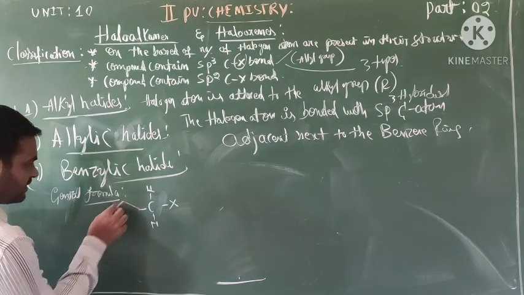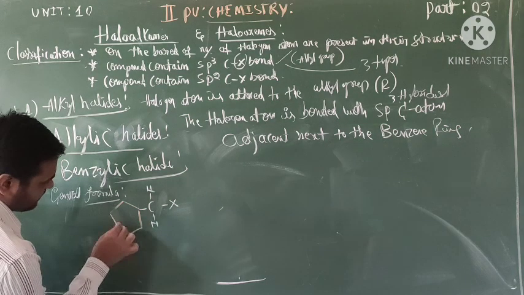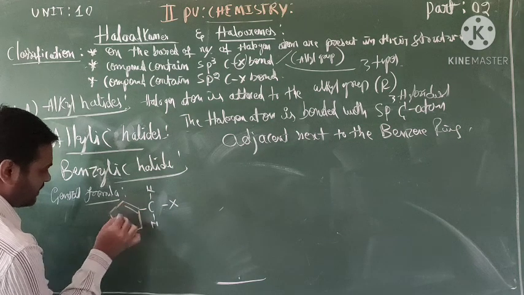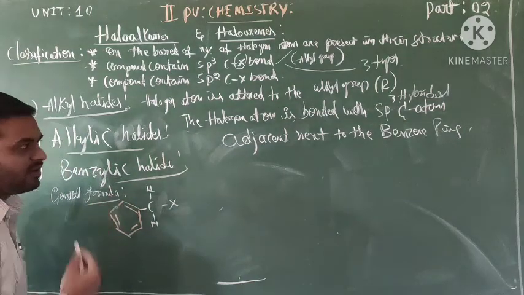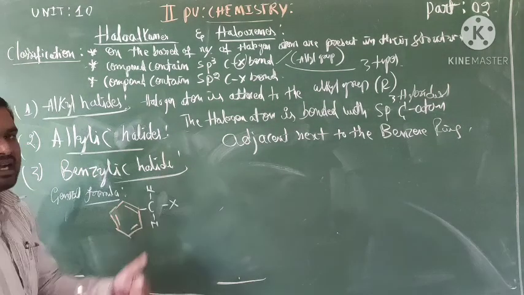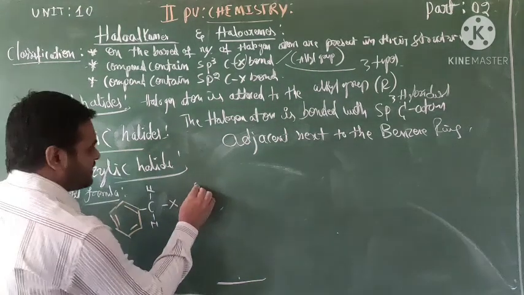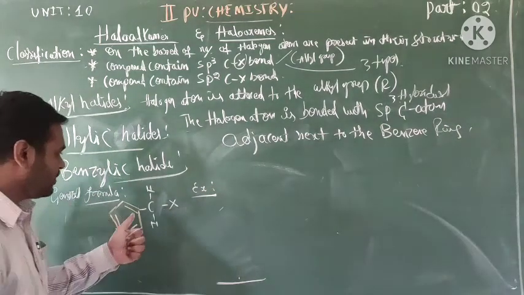Next is the benzene ring. Okay, this is the general formula of benzylic halides. Clear? See some examples of this one.